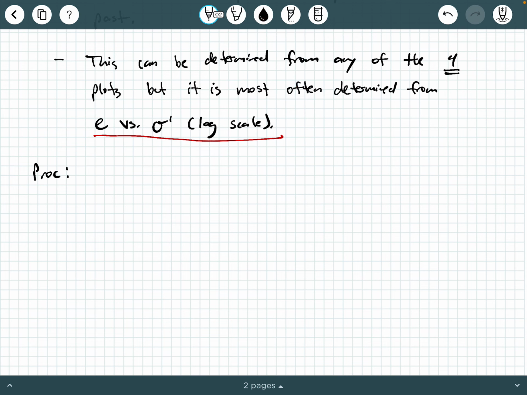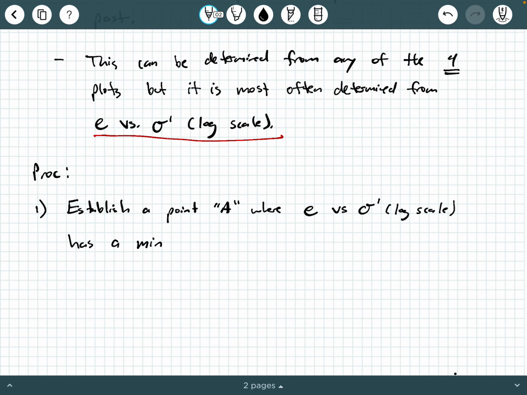In our procedure, step one, what we want to do is establish a point A where e versus effective stress, which again is on a log scale, has a minimum radius of curvature.